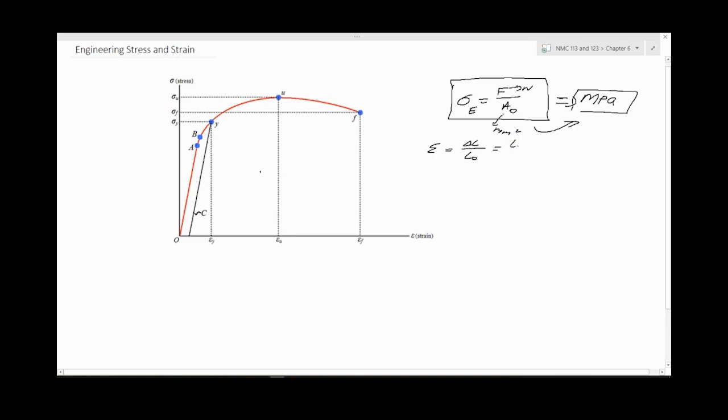So this will be the final length after you applied a particular stress, and this will be the original length of the specimen. So this change gives you the strain. It may be represented as a fraction, or in terms of percentages. That only depends on how it's given.